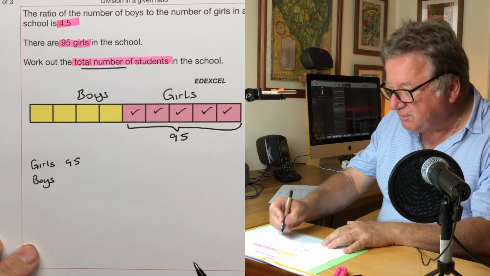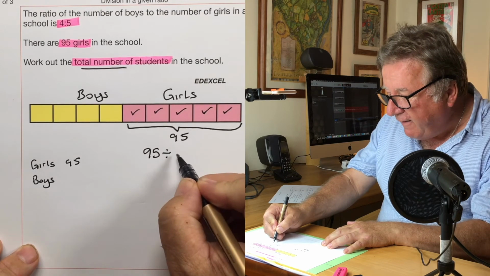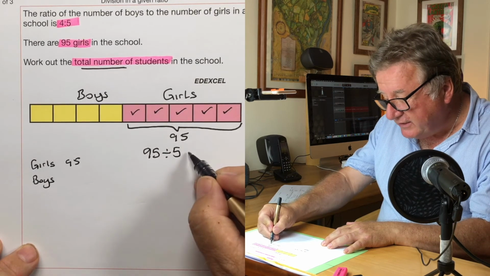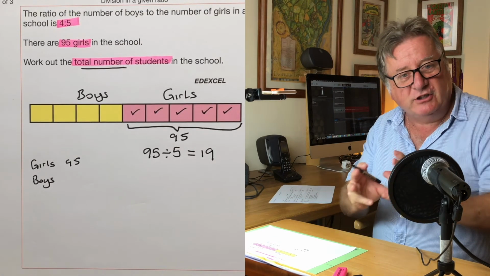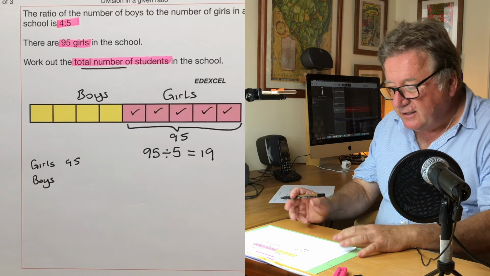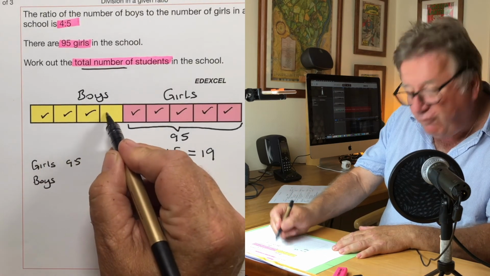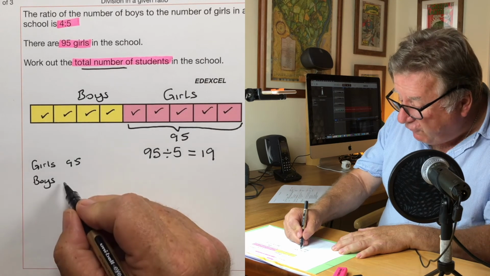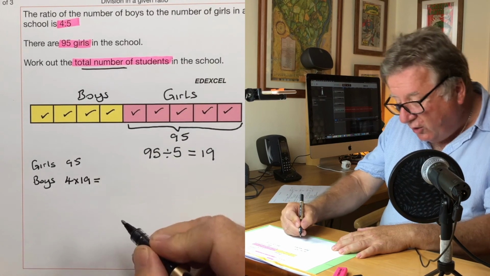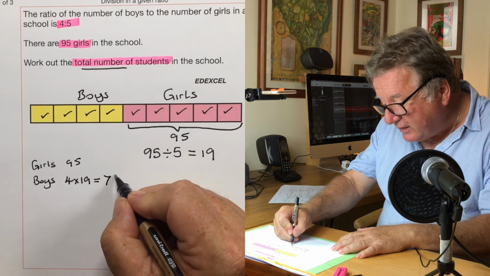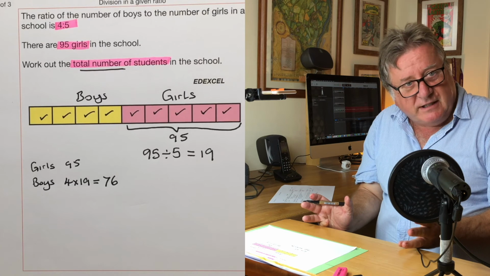So each of those parts is 95 divided by 5, which is 19. So we now know that each part is worth 19. So that's great because we've got 1, 2, 3, 4 parts of the boys. 4 times 19 on your calculators, or otherwise, if it's non-calculator paper, your other method, 76.